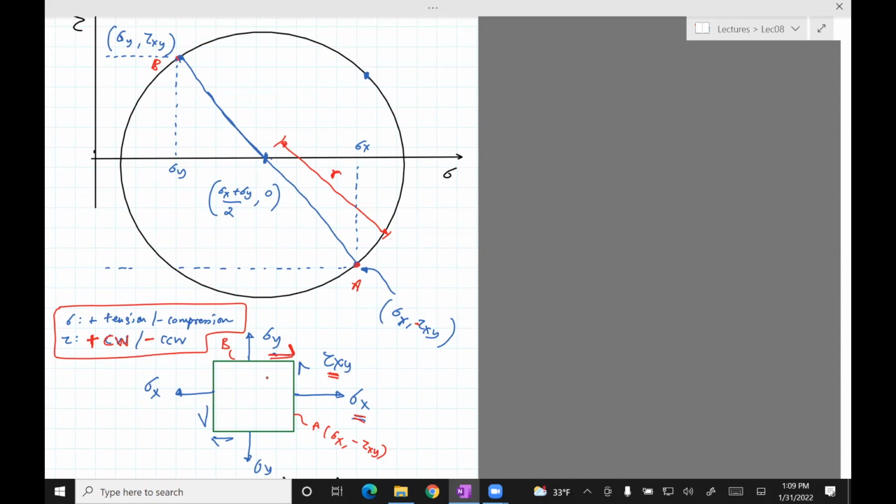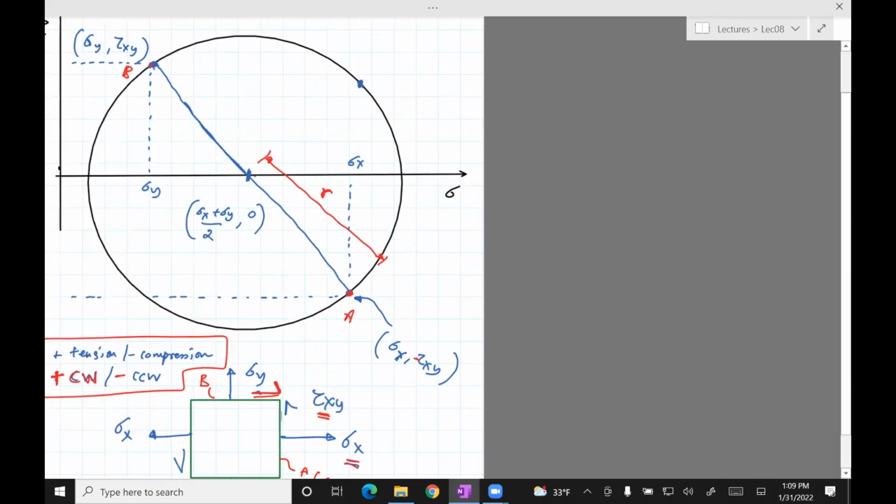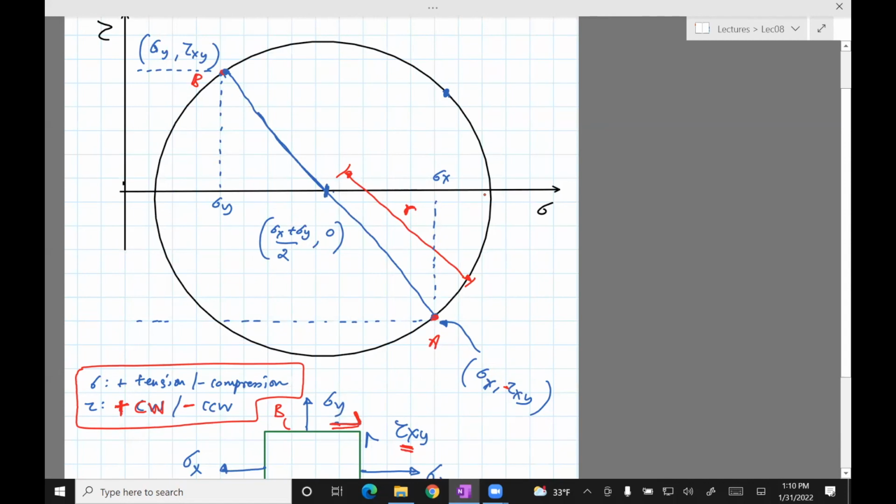So once I have those two things, then I can go ahead and find things like principal stresses, sigma A, sigma B, maximum normal stresses, just by looking at the figure. The maximum stress is when sigma attains the maximum value, so it'll be sigma A comma 0.